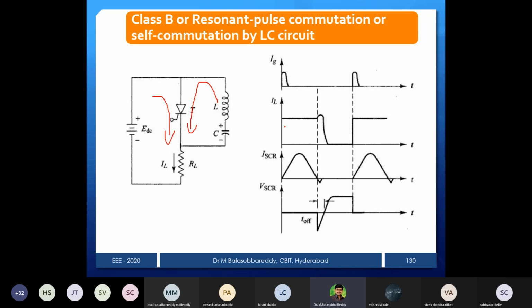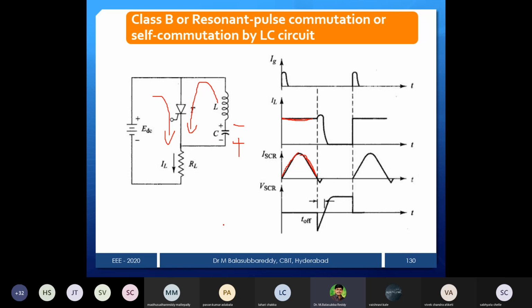That's why we can see that the load current remains constant, because the load is fixed here, and this will be the constant magnitude. While the capacitor is discharging, its current reaches the maximum, and then it is decreasing in nature. Why is it decreasing? Because once the capacitor is discharged, it is charged with reverse polarities.